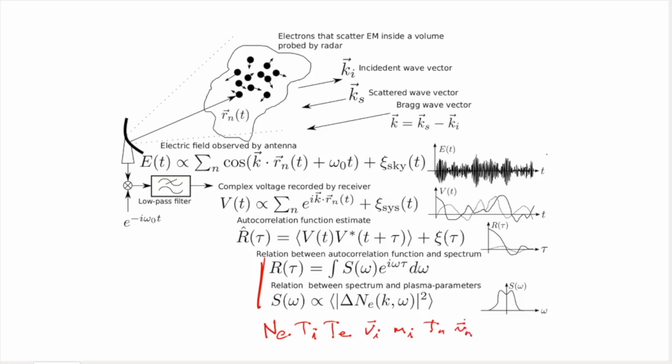The theory for incoherent scatter is a theory that provides us a spectrum given the plasma parameters. In order for us to relate our measurement of the autocorrelation function to the spectrum, we rely on the Wiener-Khinchin Theorem, which states that the autocorrelation function and the power spectrum of a random process are a Fourier transform pair.